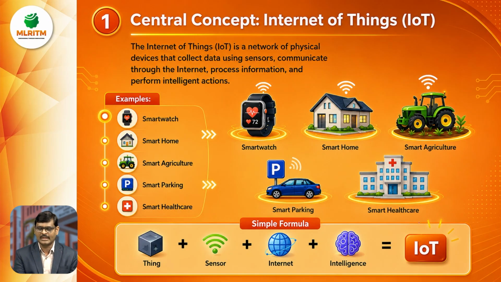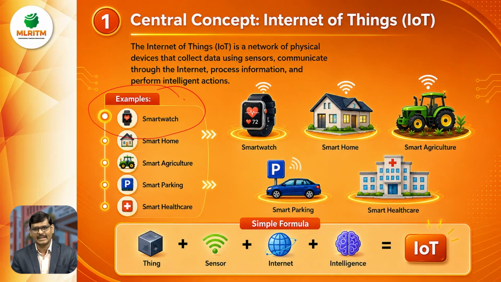When we come to the concept of the Internet of Things, IoT is a network of physical devices that collect data using sensors, communicate through the internet, process the information, and perform actions. For example, take a smartwatch. How is it automatically reading our heartbeat? It reads our heartbeat using sensors, and the data is sent through the internet to the cloud.